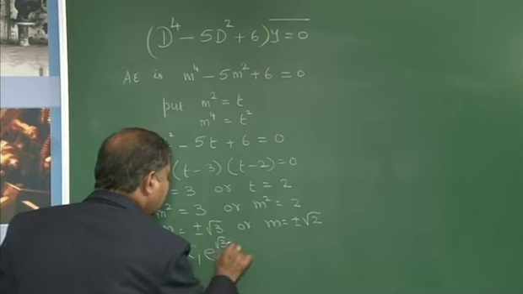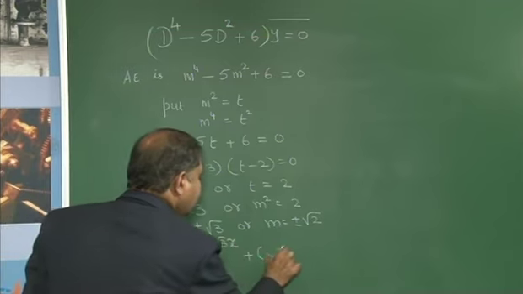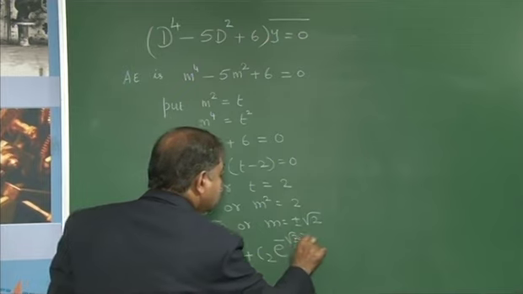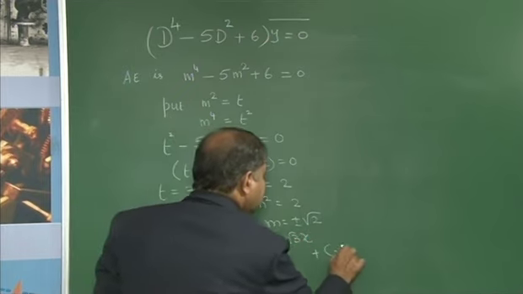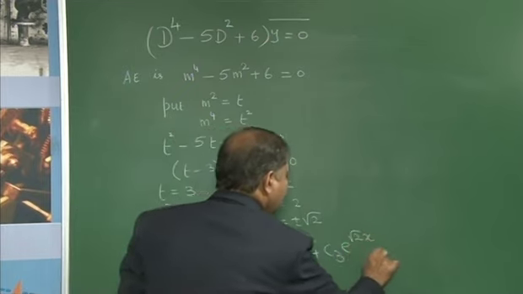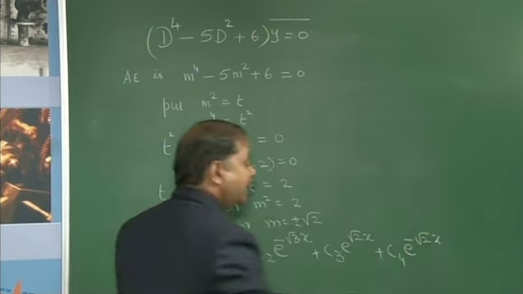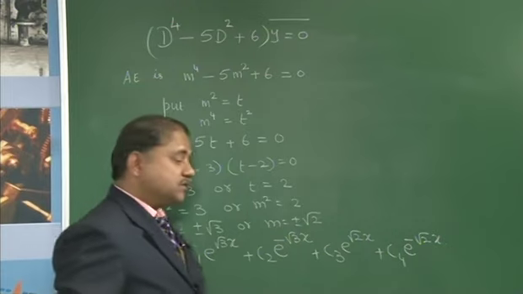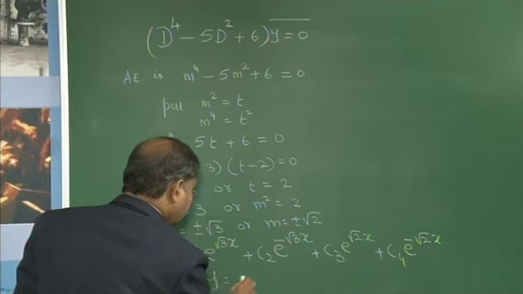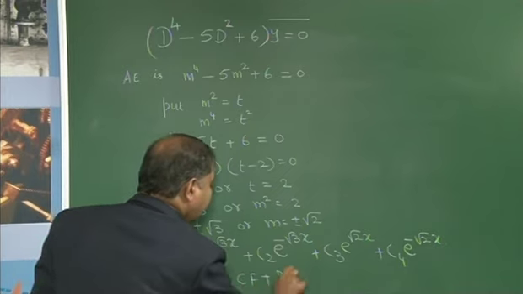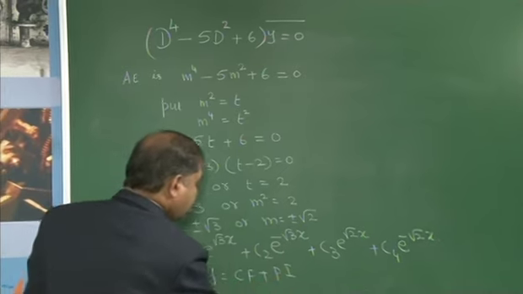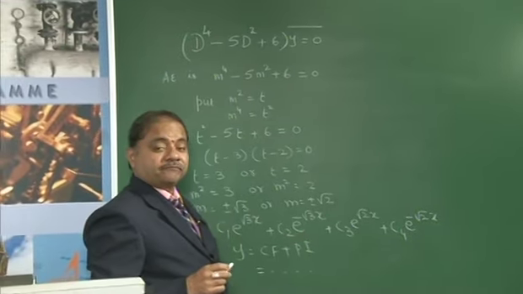C1 e power root 3x, C2 e power minus root 3x, C3 e power root 2x, C4 e power minus root 2x. That itself is your solution. So y is equal to CF plus PI. Whatever your CF is, that is the solution.